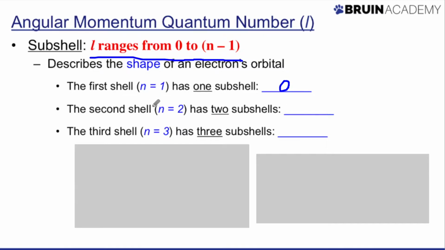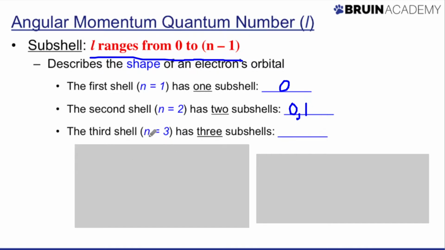The second shell, n equals 2, has two subshells. Let's see why. If n equals 2, then L ranges from 0 to n minus 1, which is 0 to 2 minus 1. So the two possible values of L are going to be 0 and 1. Each of these numbers represents a subshell, 0 and 1. We'll talk about which subshells they represent. So there's two numbers, two subshells.